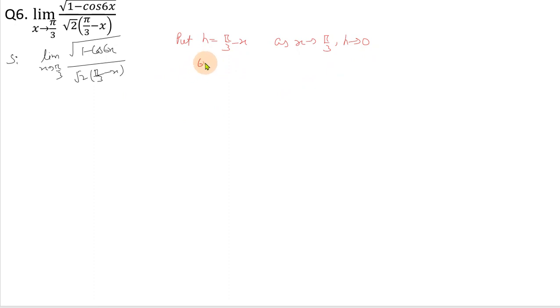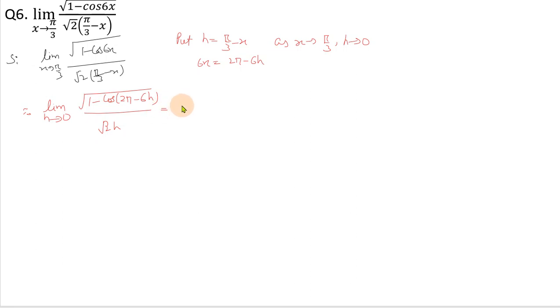So 6x becomes 2 pi minus 6h. Therefore this term reduces to limit h approaches 0, root of (1 minus cos(2 pi minus 6h)) upon root 2 into h.